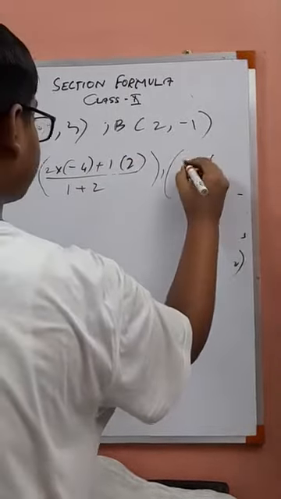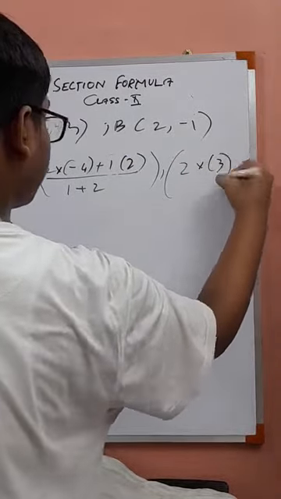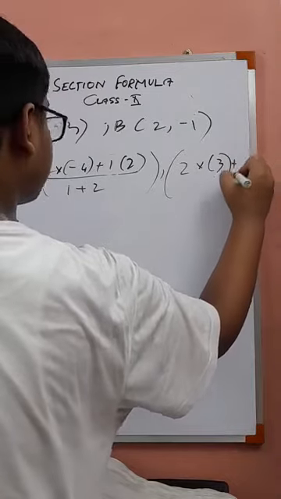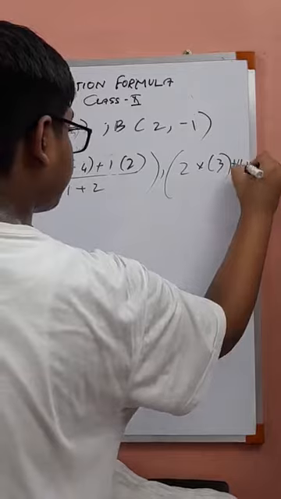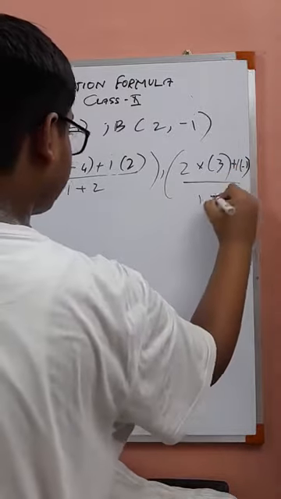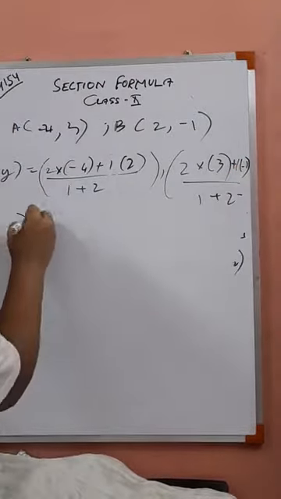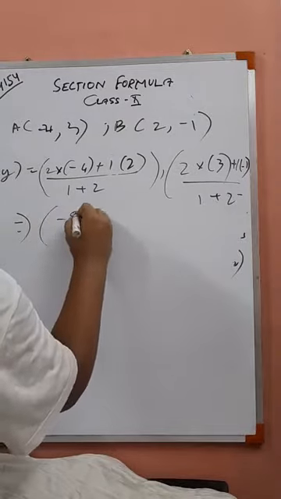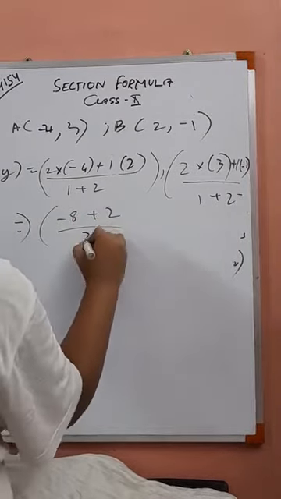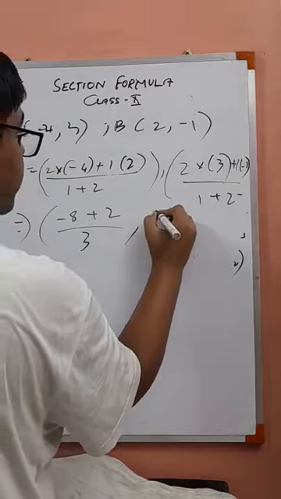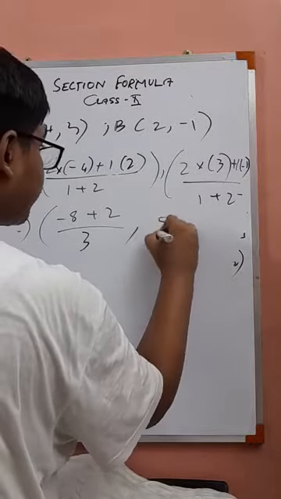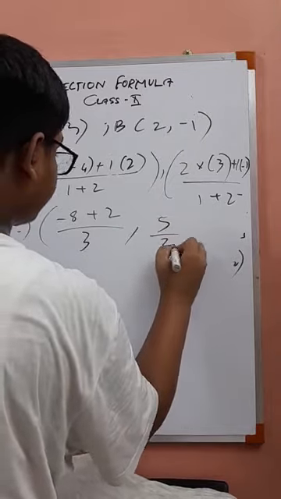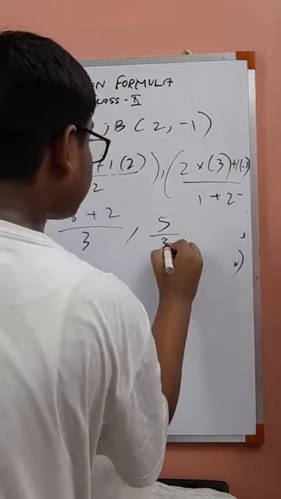Now here, so I think 2 into 3 plus 1 into minus 1, minus 1 by 1 plus 2. Now this will simplify to minus 8 plus 2 by 3 comma 2, which means 6 minus 1, 5 by 3.